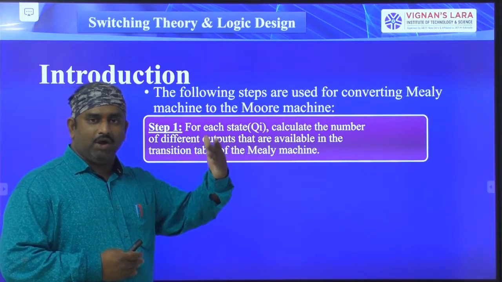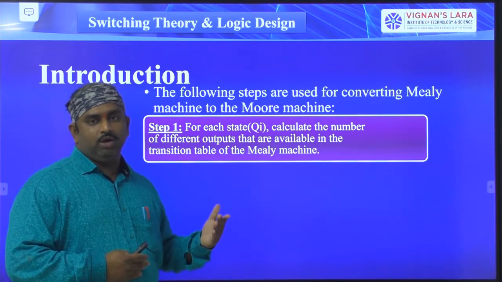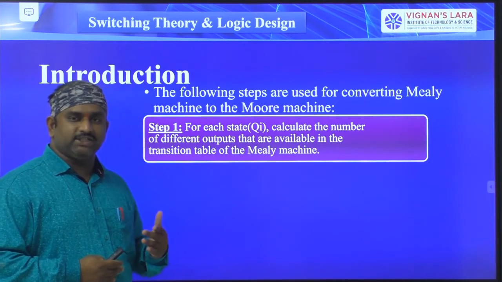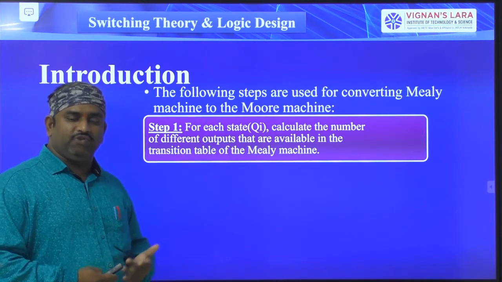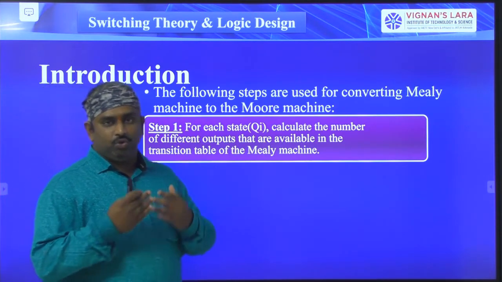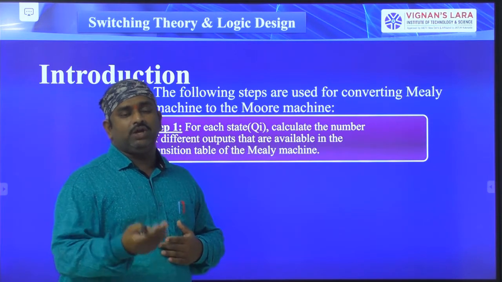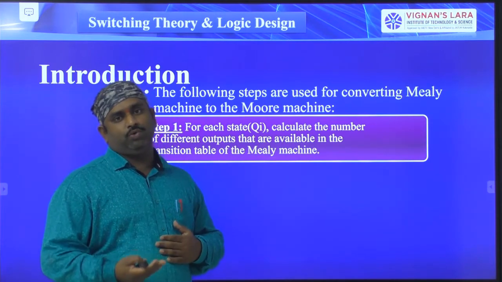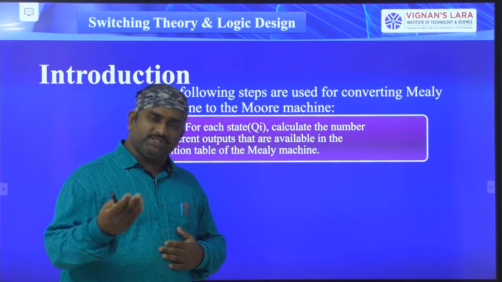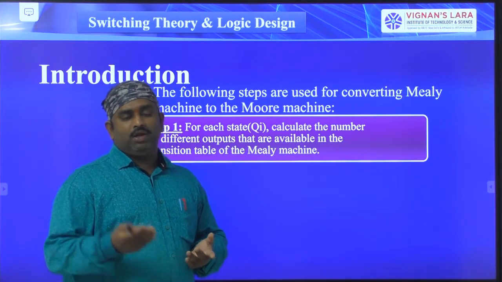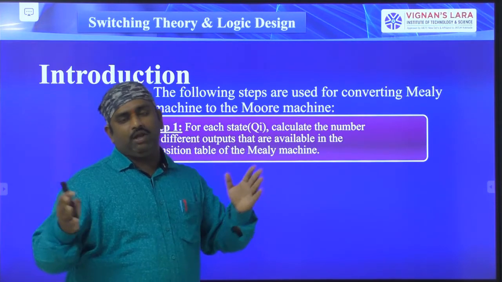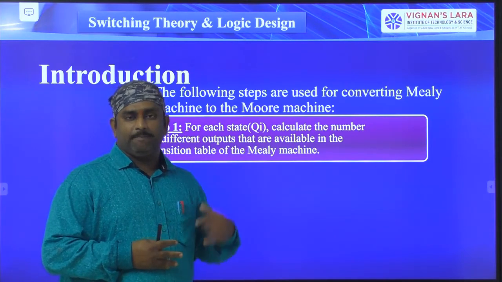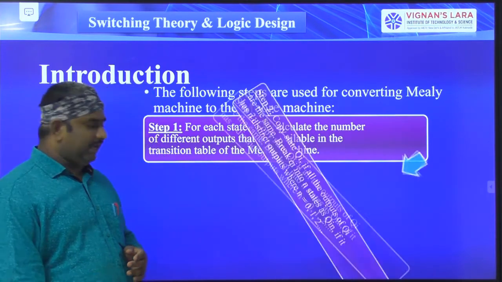For example, we have Q0 as the present state, Q1, Q2, Q3 as other states. For Q0 as the present state, you check the next state outputs for x equal to 0 and x equal to 1. If both outputs are the same, no problem. If both outputs are not the same, you have to create a new state for the present state. We will see that with an example.